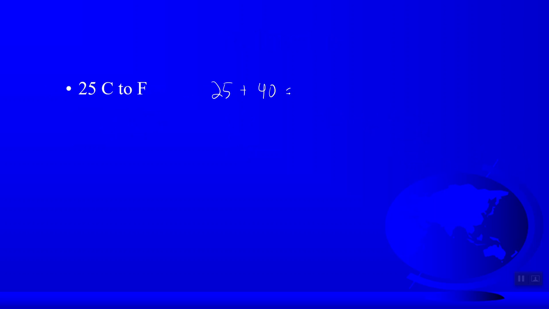Add 40. Now, to make it bigger, do you multiply or divide by 1.8? You multiply. 65 times 1.8 is 117. Final step, subtract 40.